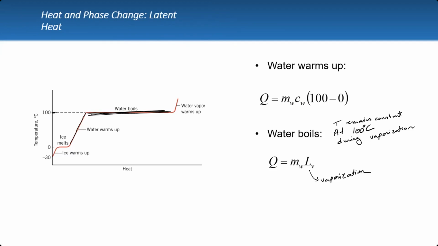Now let's say all of the water vaporizes, then the water becomes water vapor, right? And this water vapor will be at 100 degrees Celsius as well. And if I heat it even more, then the water vapor will also warm up.